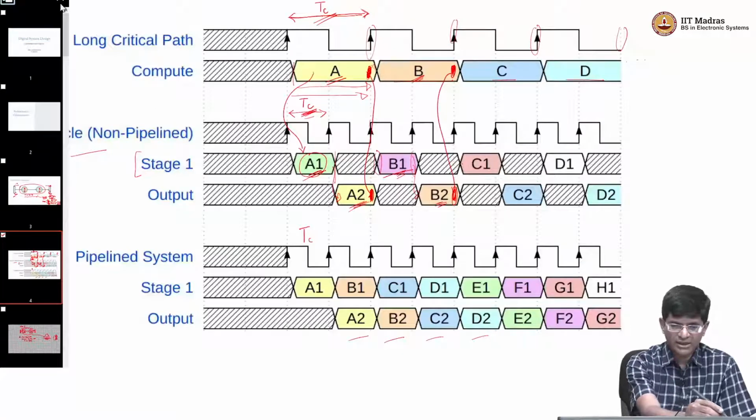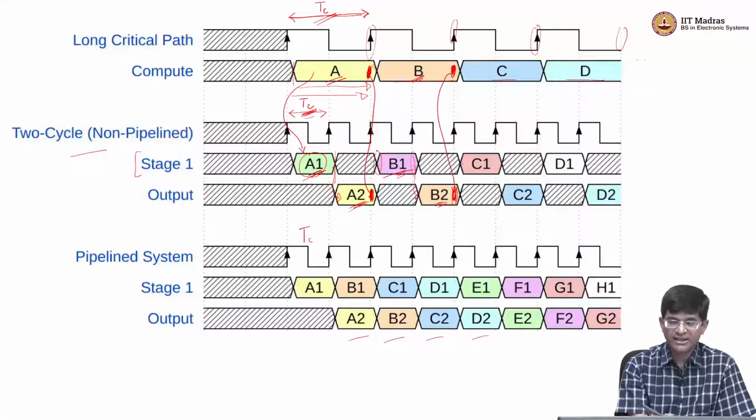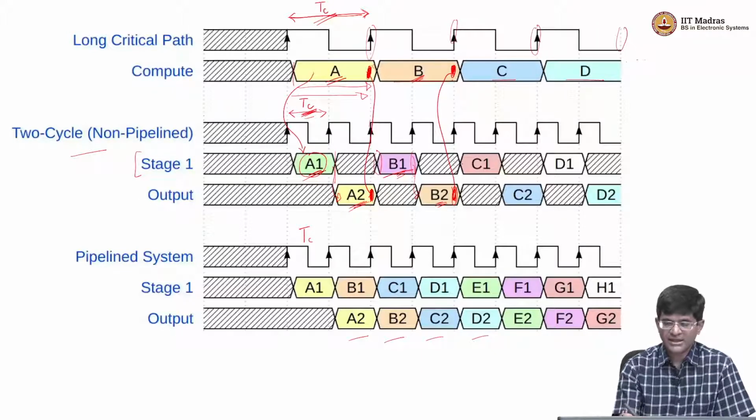I have a critical path out here, and it can be broken up into two phases, A1 and A2, but the final result after I have computed A2 should be the same as a direct combinational computation of A. Similarly, I can take B and break it up as B1 and B2, and I can take C and break it up as C1 and C2.